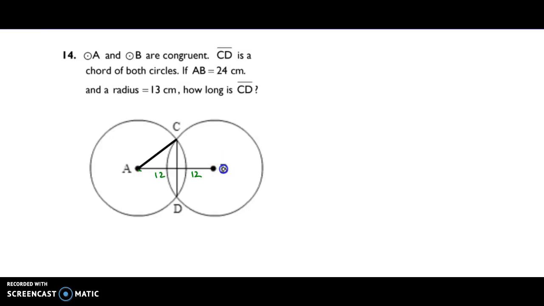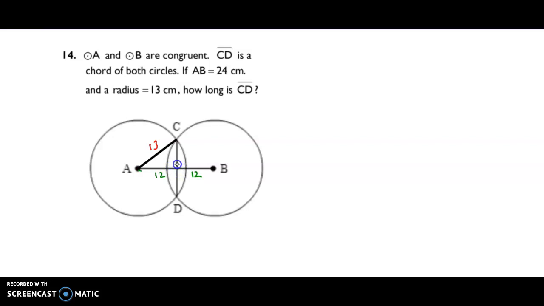You could even draw it from B if you want. Doesn't really matter. I'm going to stick with this one. This is the first thing I did. There's a radius of 13, so that means this radius is 13.